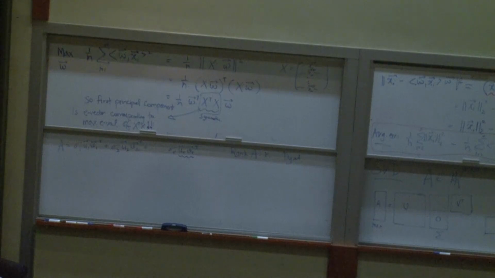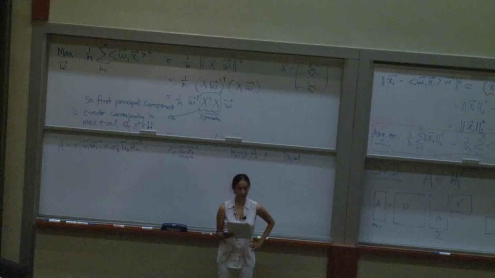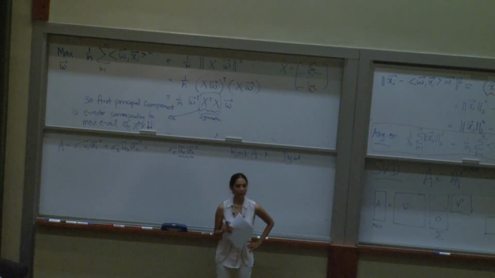So I do want to ask, how many people are comfortable with finding the singular value decomposition of a matrix? How many people are not remembering it very well? Okay. How many people feel confident about the geometric interpretation of the SVD?